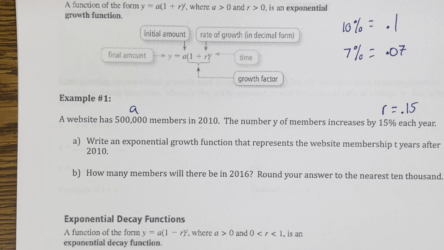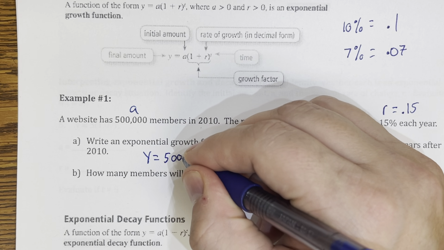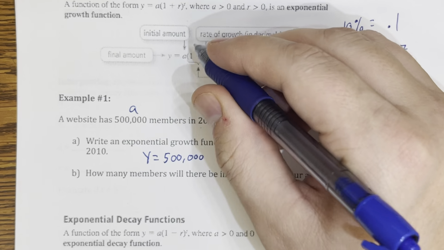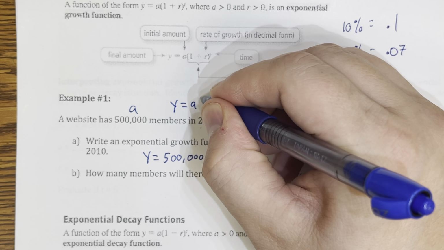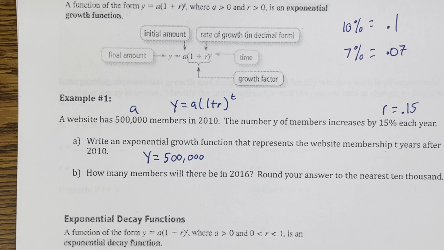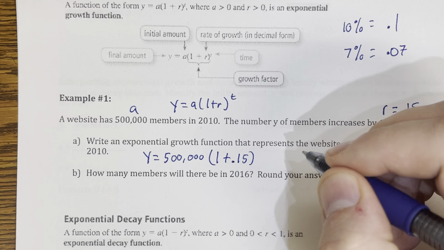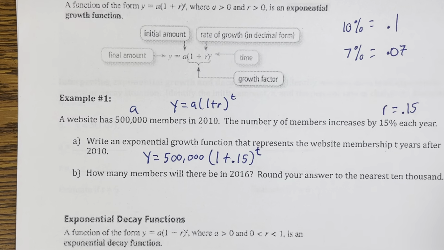So we're starting in 2010. So y equals our initial amount, 500,000. Our original equation, y equals a times (1 plus r) raised to the t. Okay, so 500,000 in for a times (1 plus 0.15) raised to the t.